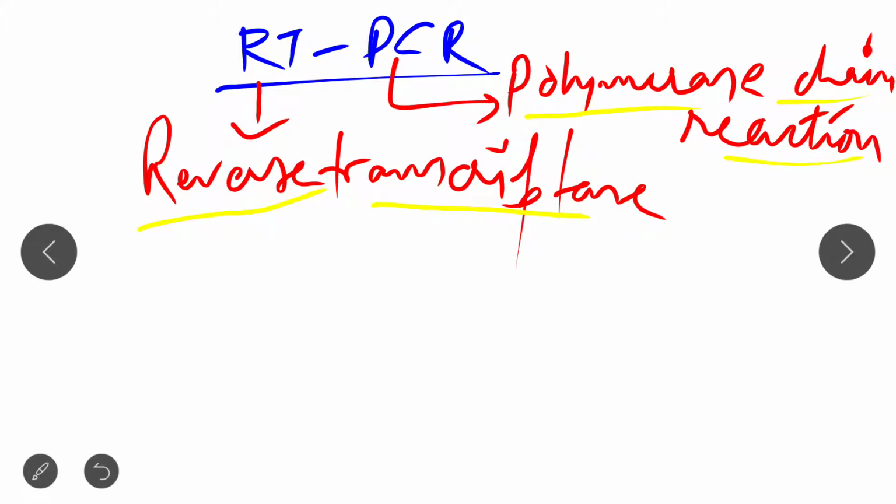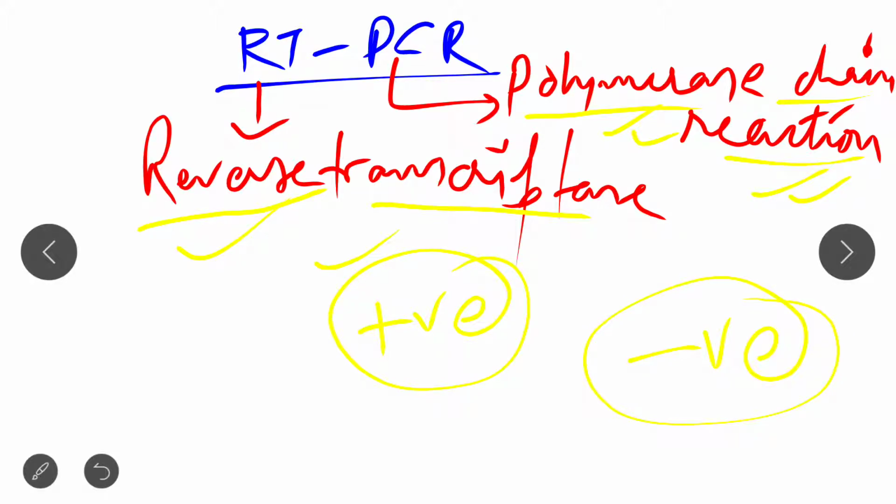Clear? By using this reverse transcriptase polymerase chain reaction, we can identify whether a particular person is coronavirus positive or coronavirus negative.